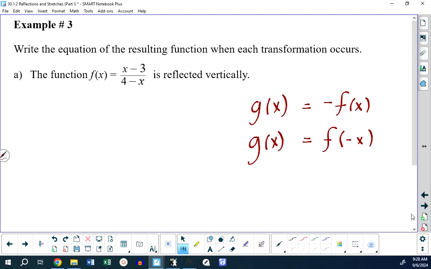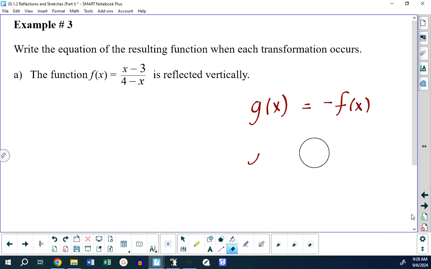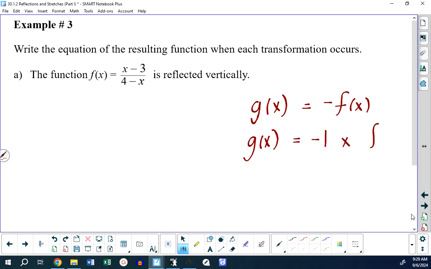The way I think of it, to me it's obvious because the bottom one, the second one, has a negative in front of x. That's telling me x is being multiplied by negative 1. That's horizontal. So it's not this. A vertical reflection is this. And all this means is that the new function will be negative 1 multiplied by the original function.